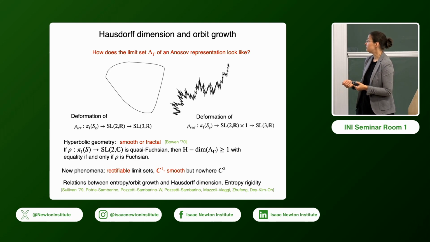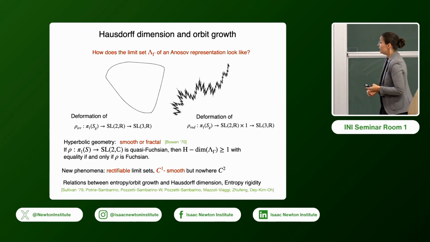In hyperbolic geometry, we basically know, and for surface groups it's made explicit by the theorem of Bowen, that the limit curve is either smooth or fractal. If I have a quasi-Fuchsian representation of a surface group, either it preserves a hyperbolic plane and I have a smooth curve, or it's really quasi-Fuchsian, and then the curve is fractal, with Hausdorff dimension bigger than 1. Here in the higher rank situation, you have new phenomena.